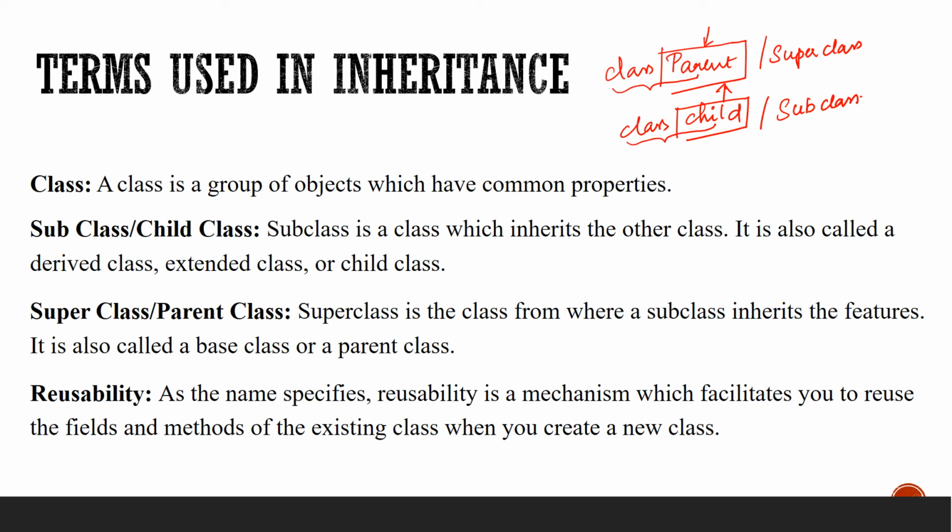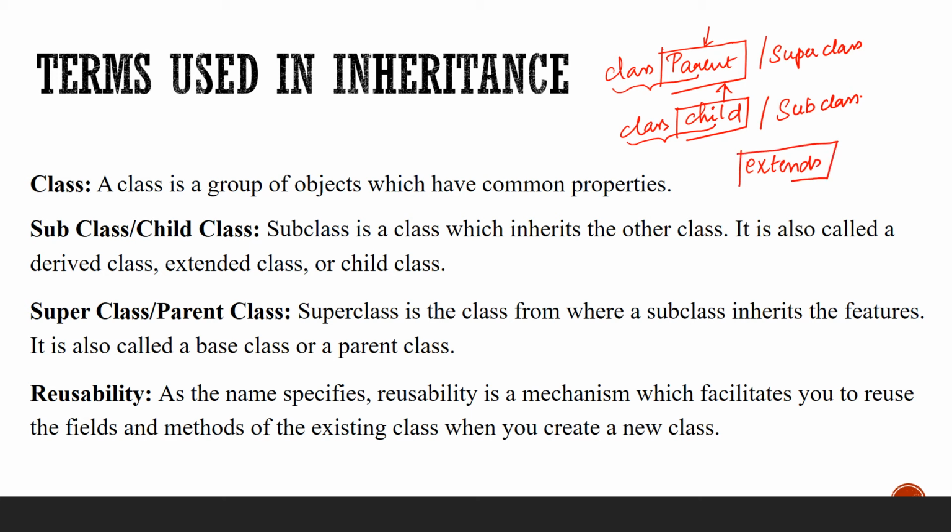Instead of repeating all the code written here, you can directly use a certain keyword in Java and inherit all the methods and properties of the parent class without re-mentioning them. The keyword used in Java for inheritance is extends.